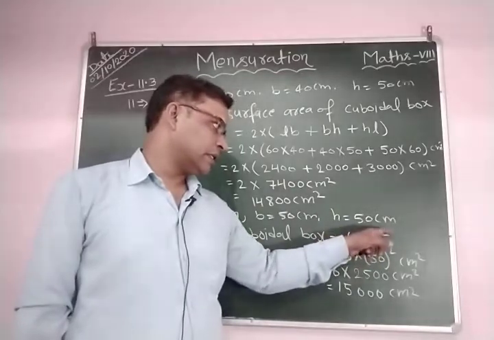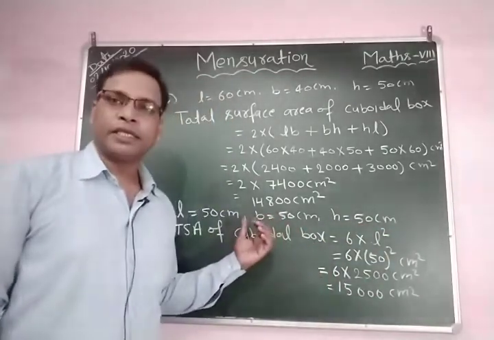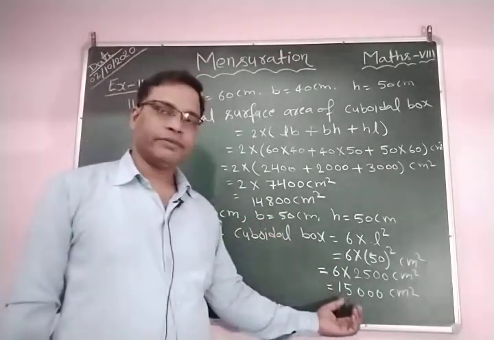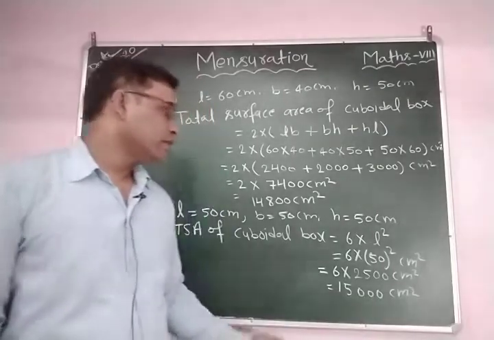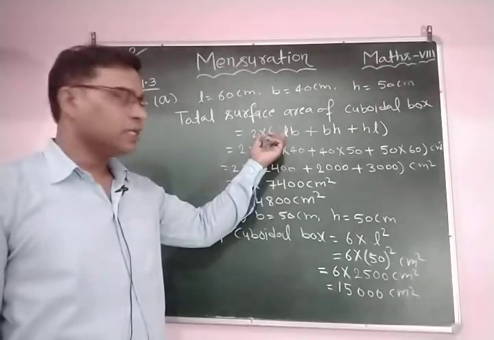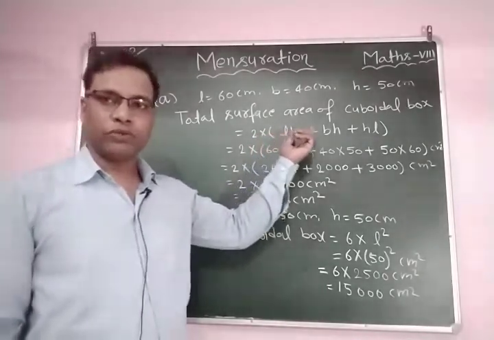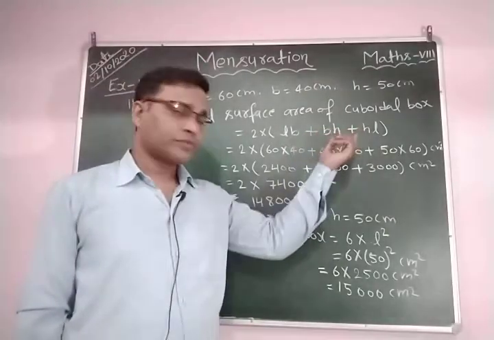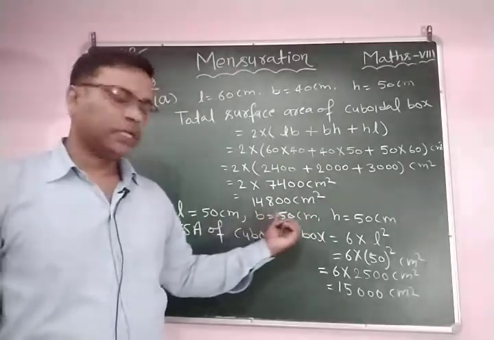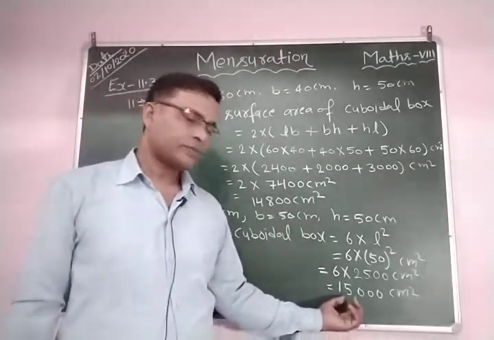So with the help of this formula we find the TSA of cuboidal box B, and we obtain here 15,000 centimeter square. If you want to find the area of cuboidal box B, you can also use this formula, 2 into (L into B plus B into H plus H into L). If you put the value of L, B and H as 50 centimeter each, you obtain 15,000 centimeter square.